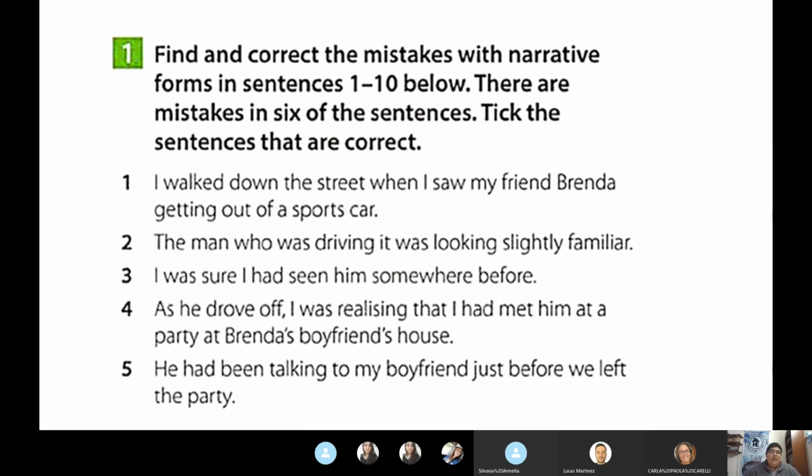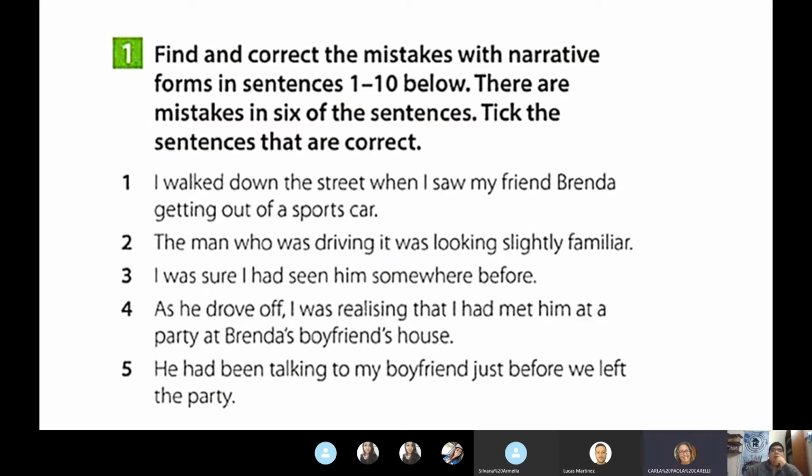But why don't you think about an action that was in progress and then it is interrupted by another? Do you remember? Here we can use all the past tenses: the past simple, the past continuous, the past perfect continuous, and the past perfect simple. So think about an action that was in progress and then it is interrupted by another.